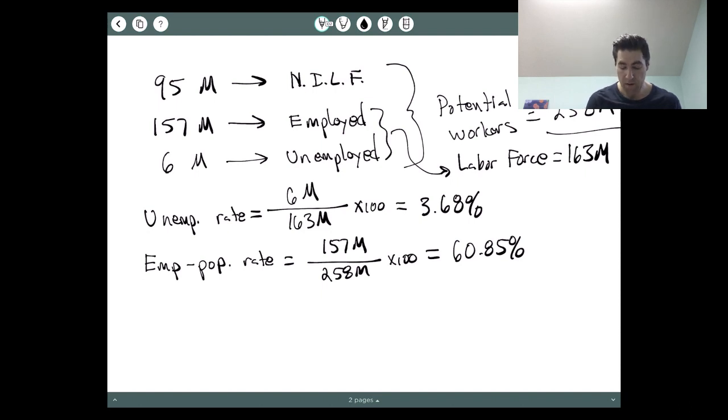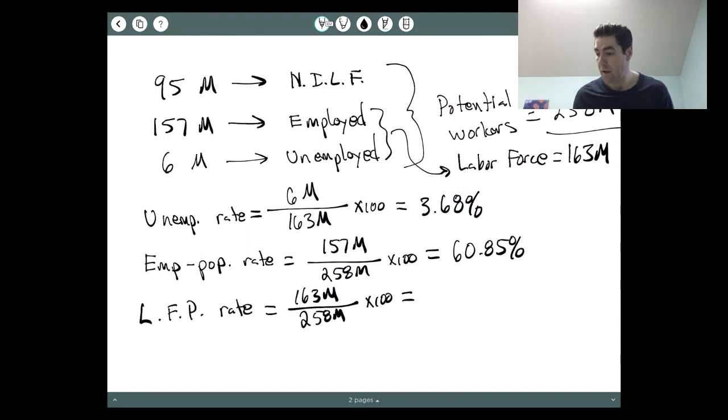Okay, so if we look at the last statistic, the labor force participation rate is the size of the labor force, 163 million, divided by the working age population, potential workers, 258 million, times 100 to make it a percent, and we get 63.18%.